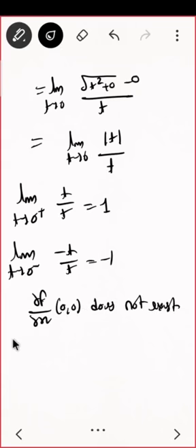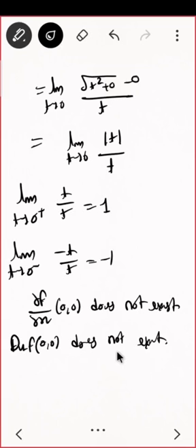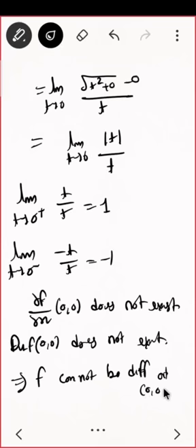That means D_u f of 0 0 does not exist. What is the conclusion? If this does not exist, that means f cannot be differentiable at 0 0. Correct?